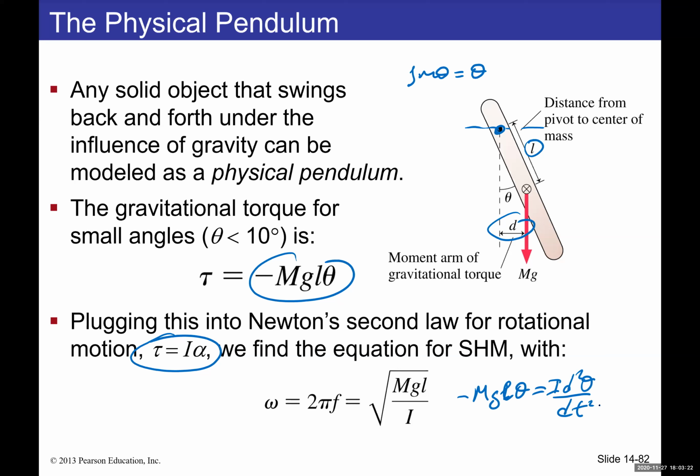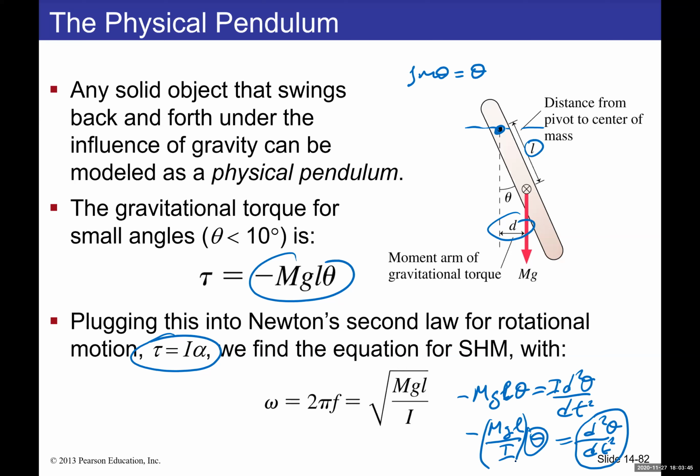So negative mgl over I times theta equals d squared theta over dt squared, which is the second order derivative of theta being the negative of theta times some constant.